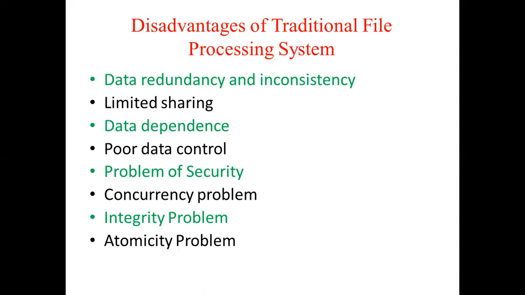Another problem is the problem of security. Obviously, it is very difficult to enforce security checks and access rights in a traditional file system. To the file, we have to set a password just for protection. But what if we have to give access to only a few records in a file?